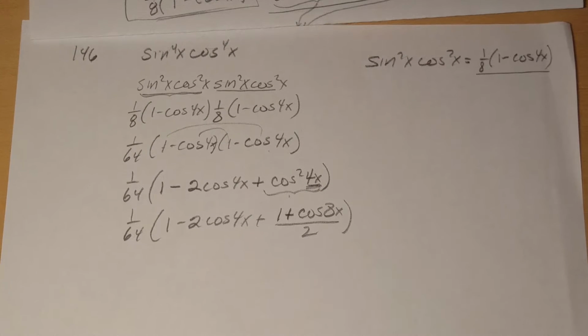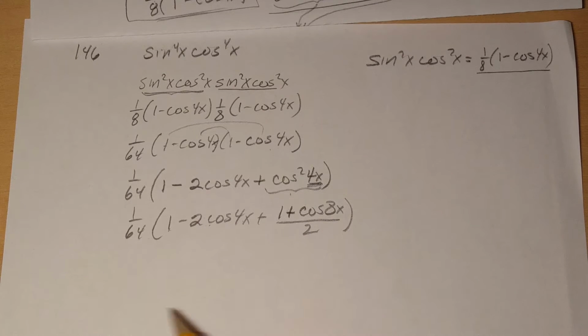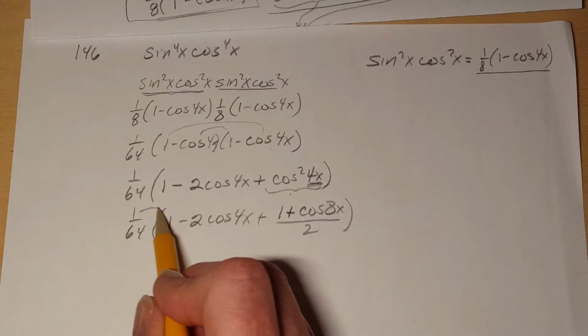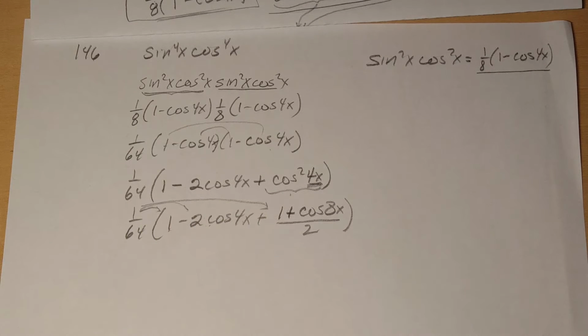Now, in order to simplify this, I'm going to make all of these over 2, so I can just make one big fraction here. Or, well, I guess actually we can just distribute the 1/64 in, and that might make it easier.